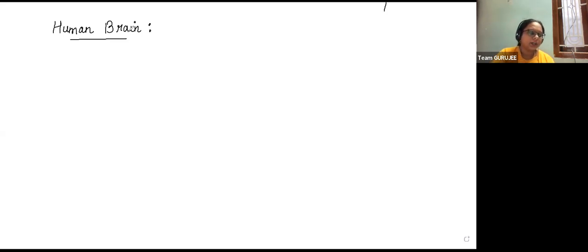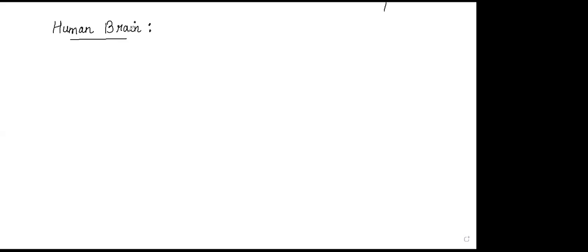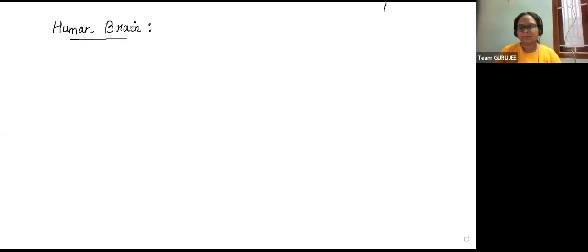Can you first tell me the box where the human brain is situated, what is it called? Skull. Skull is a very simple meaning. Otherwise, what is it called? There's another name for that.